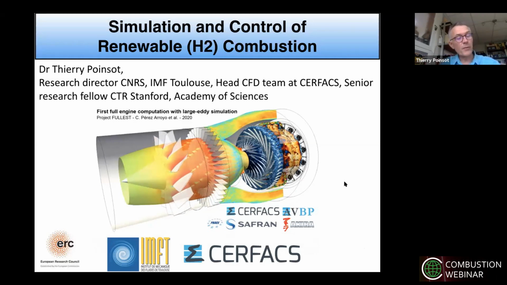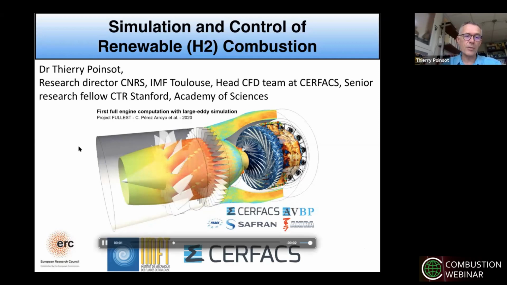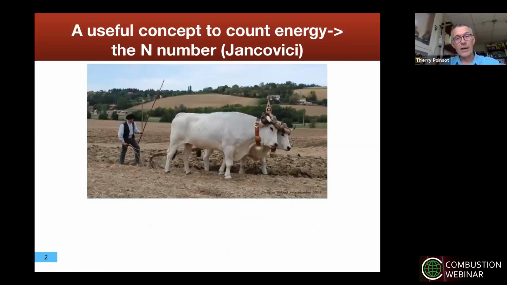So before I start talking about combustion itself, I would just like to discuss energy first. And to do that, I would like to introduce a concept to count energy, which is discussed in France by a guy called Jean Covici, who is really working on these issues. Jean Covici introduced this number called the N number, and the N number quantifies how many people are working to provide your energy.